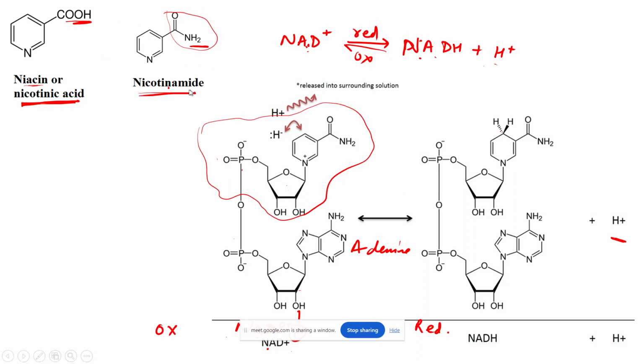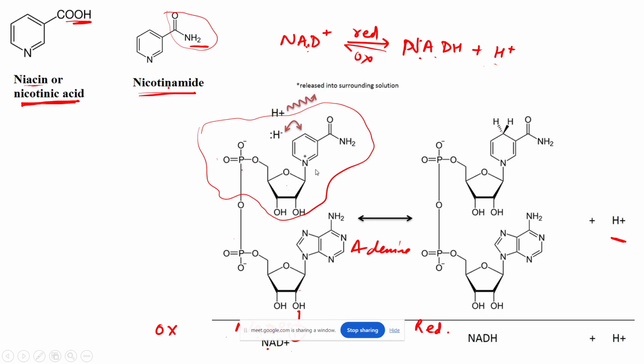This nicotinamide is attached to a ribose sugar and a phosphate group to become a nucleotide, and this nucleotide is attached to another nucleotide, AMP: adenine, ribose and a phosphate. This is connected by a phosphodiester bond. So this is a dinucleotide: nicotinamide adenine dinucleotide. We have two bases, nicotinamide and adenine.